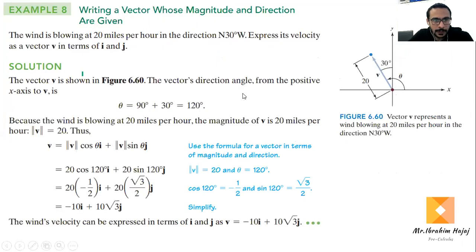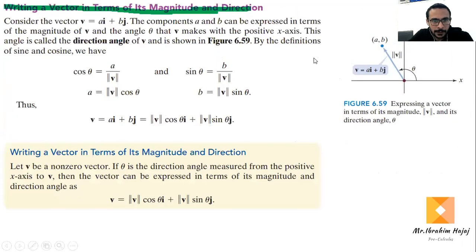So let's start here, guys. The idea here is how to write a vector using its magnitude and the direction. If we have any vector like v equals ai plus bj, here's our vector ai plus bj.